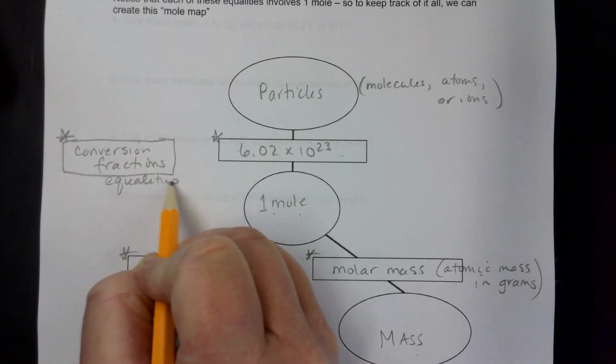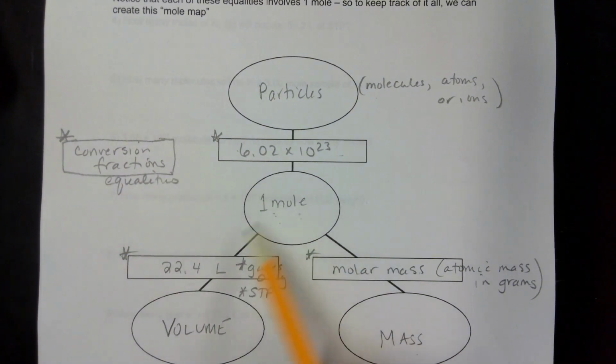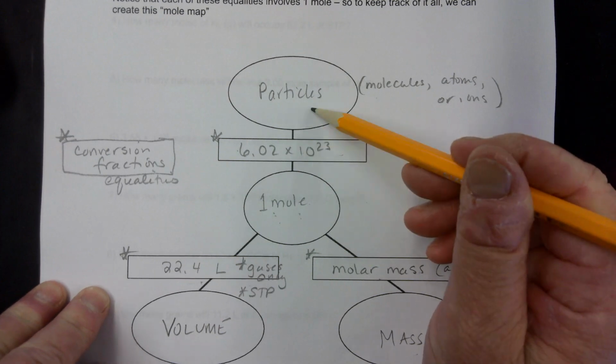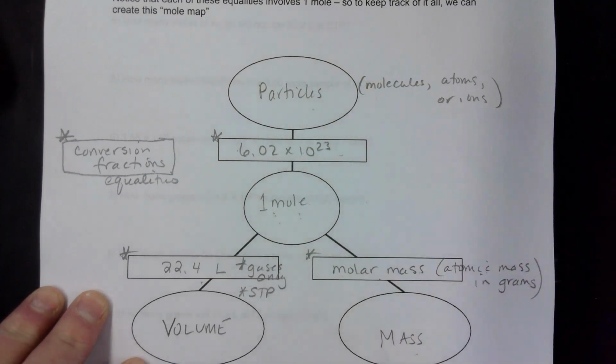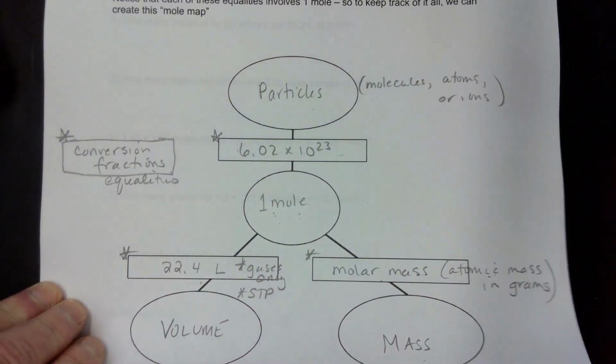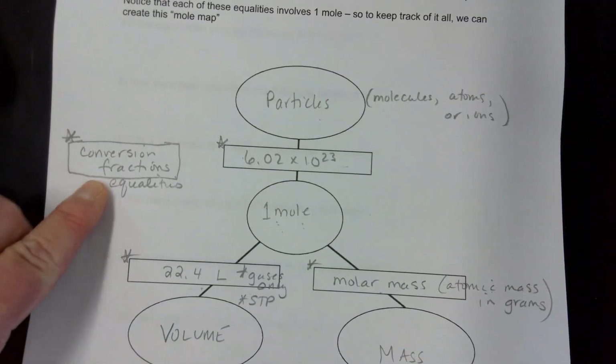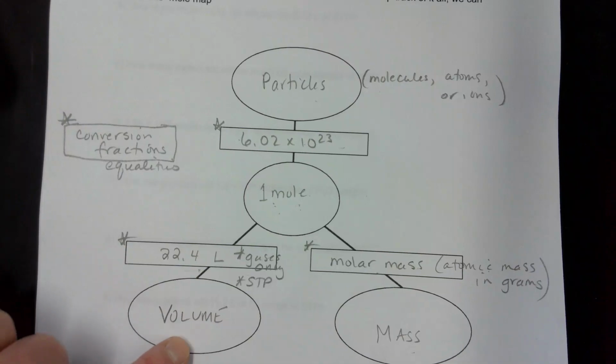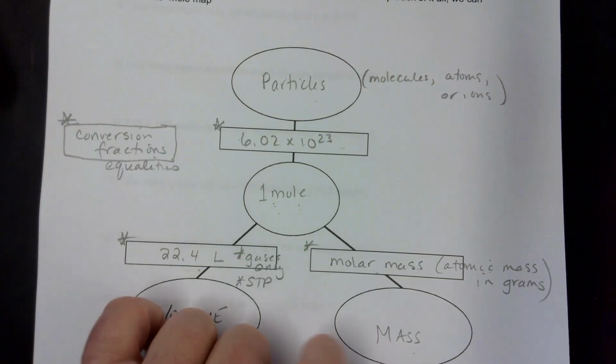And we have 3 equalities here. We have the equality 1 mole is equal to 22.4 liters of a gas. We have 1 mole is equal to the molar mass of a substance, which we would have to look up on the periodic table. And we have the third equality of 1 mole being 6.02 times 10 to the 23 particles. So we're going to use these equalities as conversion fractions to help us convert between particles, volume of a gas, and or mass.